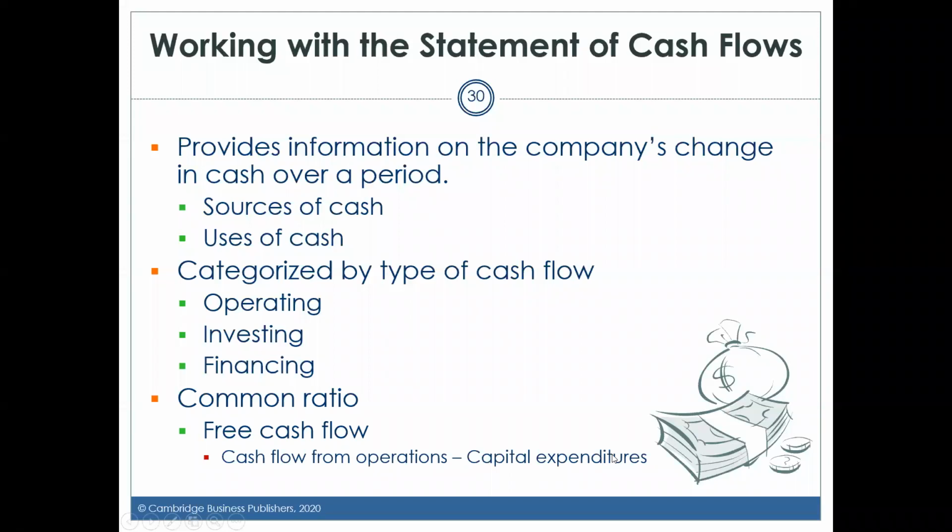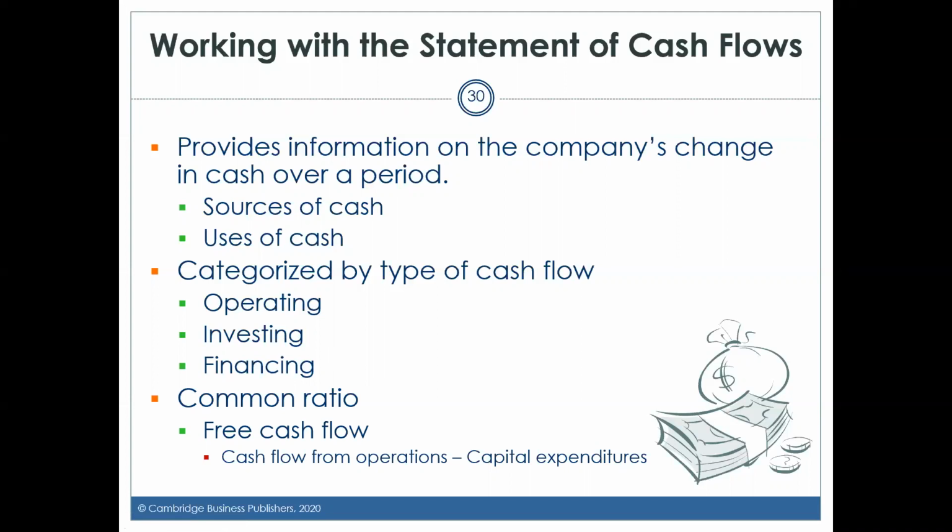Capital expenditures are the cash outflows, only outflows, resulting from us purchasing long-term assets, property, plant, or equipment. So capital expenditures would be found in the investing activities section, and it's only the outflows.